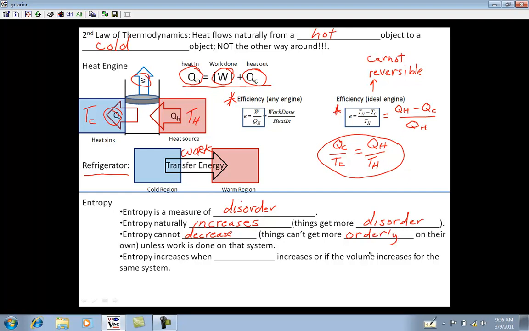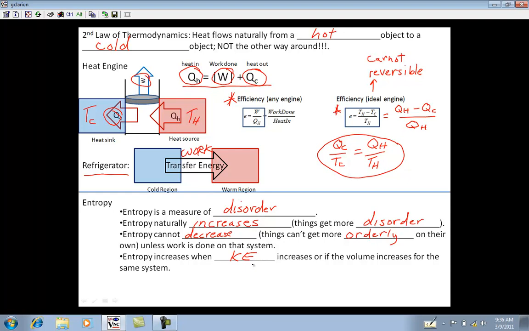Entropy increases when the kinetic energy increases or if the volume increases for the same system. So these are just some facts that you need to know about entropy. These are just some equations that we're throwing in to solve some heat engine problems.